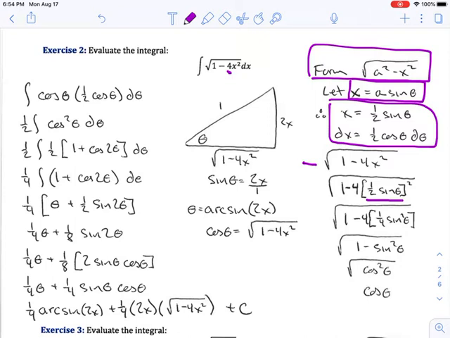Now notice what happens with the 4 and the 1/4. They cancel out. And so what we're looking at then is the square root of 1 minus sine squared theta, which is the square root of cosine squared, which is a perfect square, which becomes cosine theta. So that whole thing simplifies once again to cosine theta.